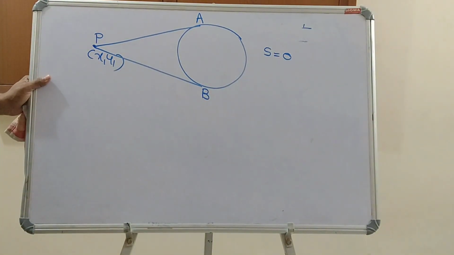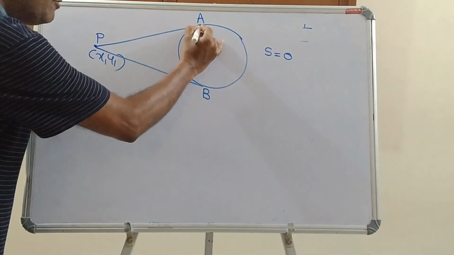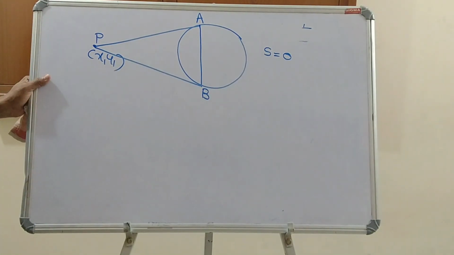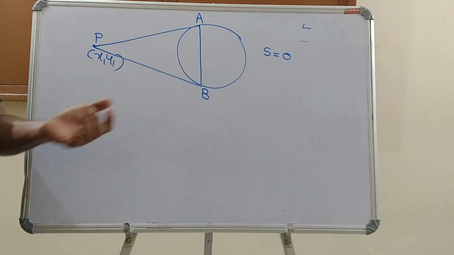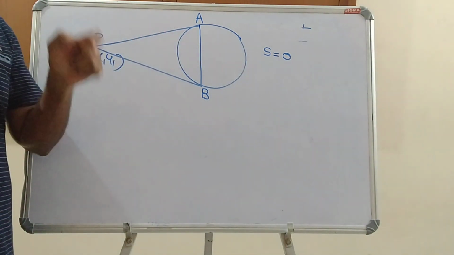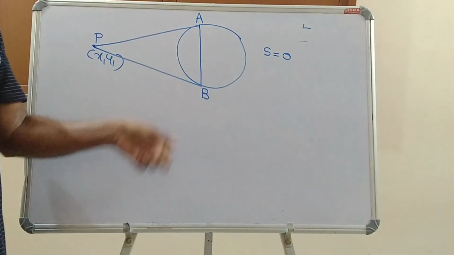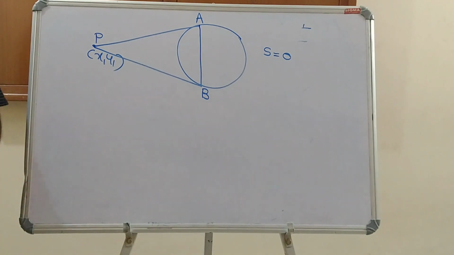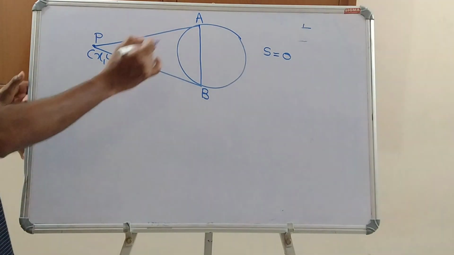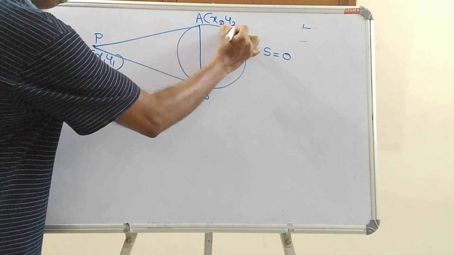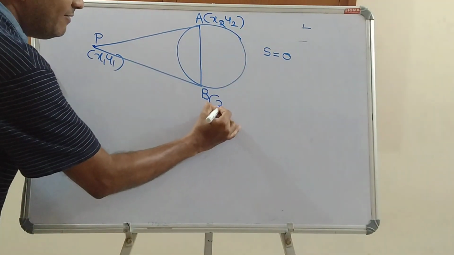Now, the chord joining the points of contact is called the chord of contact. Now, we have to find the equation of the chord of contact. That means the equation of AB we have to find. First of all, I am taking A equal to (x2, y2) and B equal to (x3, y3).